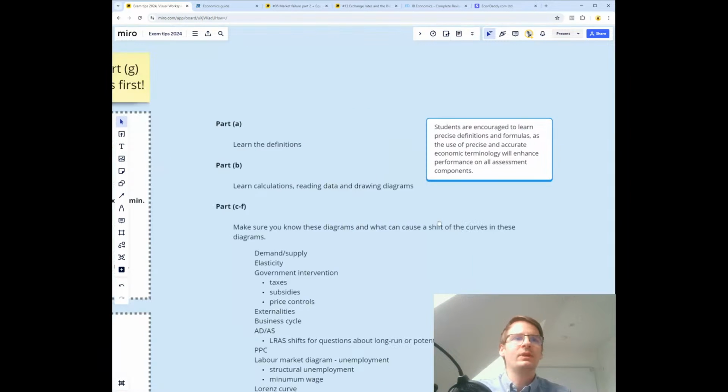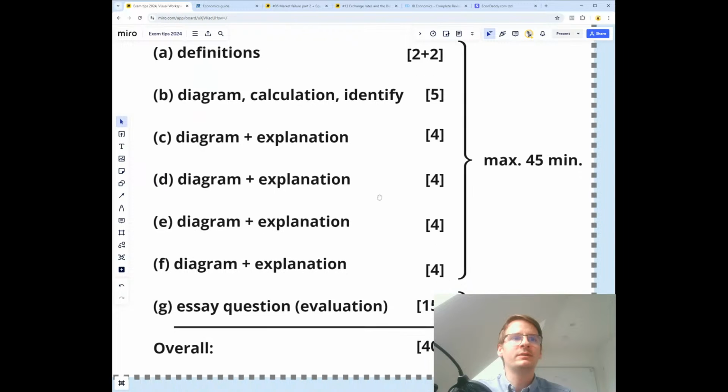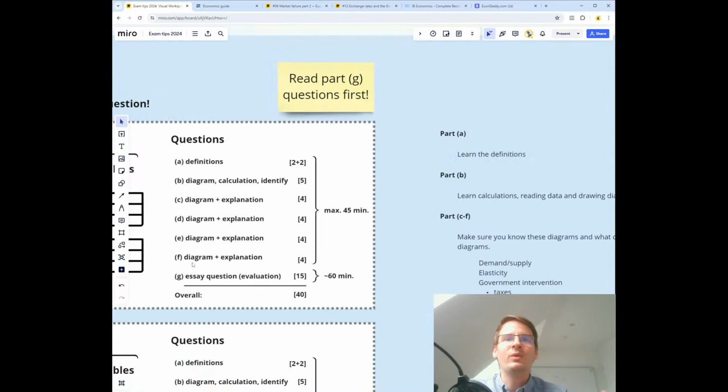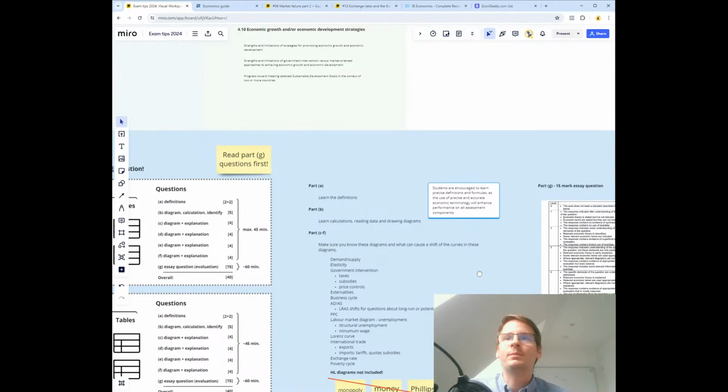Look, you had quite a lot of questions. 4 of them usually include diagrams as well. And the IB was asking you these from the source. Why? Because the IB thinks that these are important. So you should also think that these are important when it comes to answering your part G question.